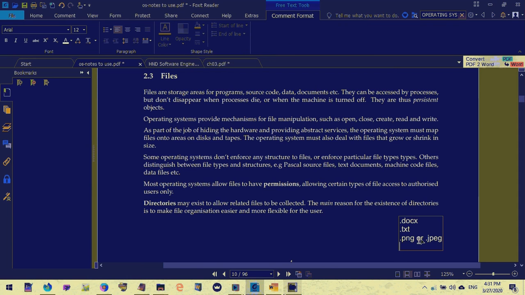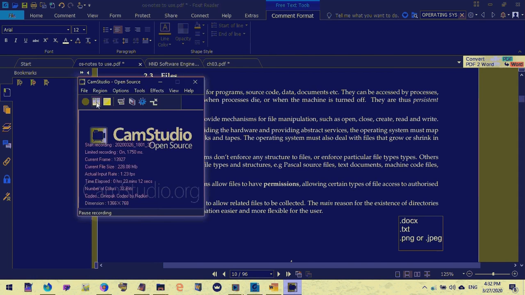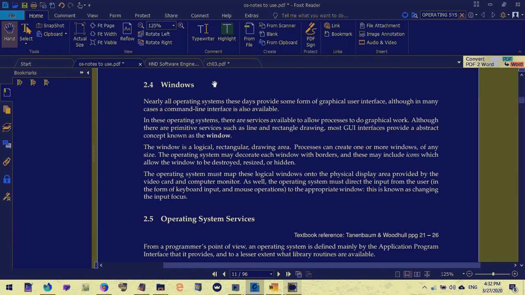They can be accessed by processes, but they do not disappear when the process dies, or when the machine is turned off. Does this make files persistent? It means that files are permanent storage.